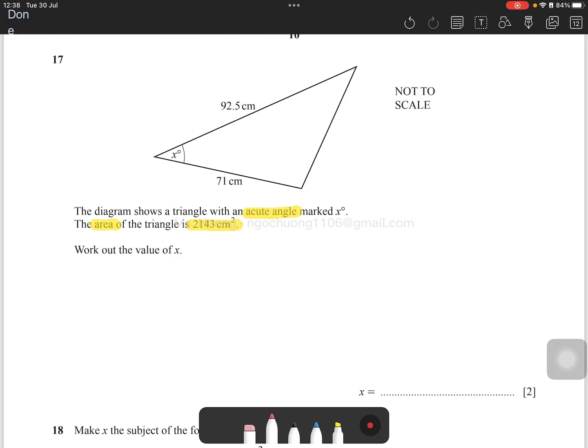So in a triangle, we can find the area of the triangle by using the formula 1/2 multiplied by the two sides, which are 71 and 92.5. Then we multiply by the sin of the angle between them, which means sin x. And the area in this case is 2,143 square centimeters.